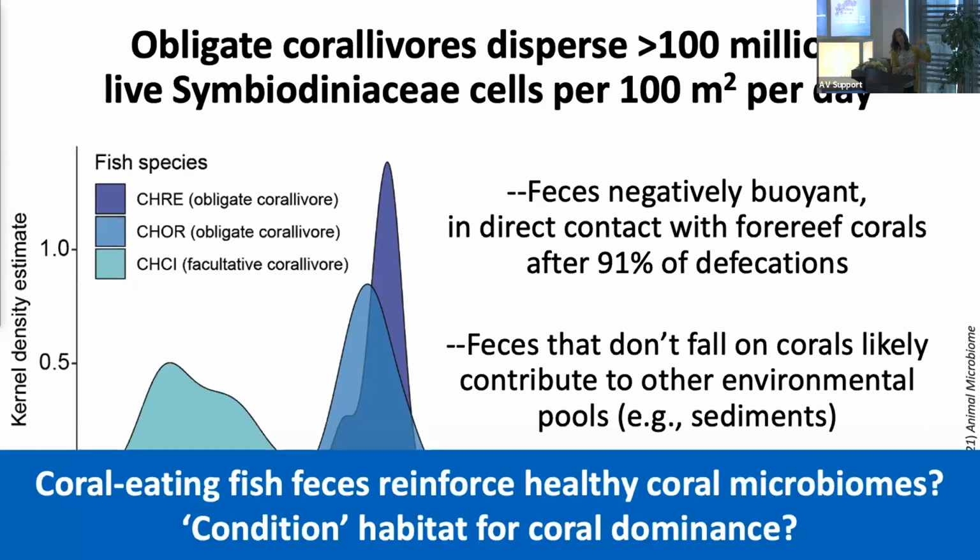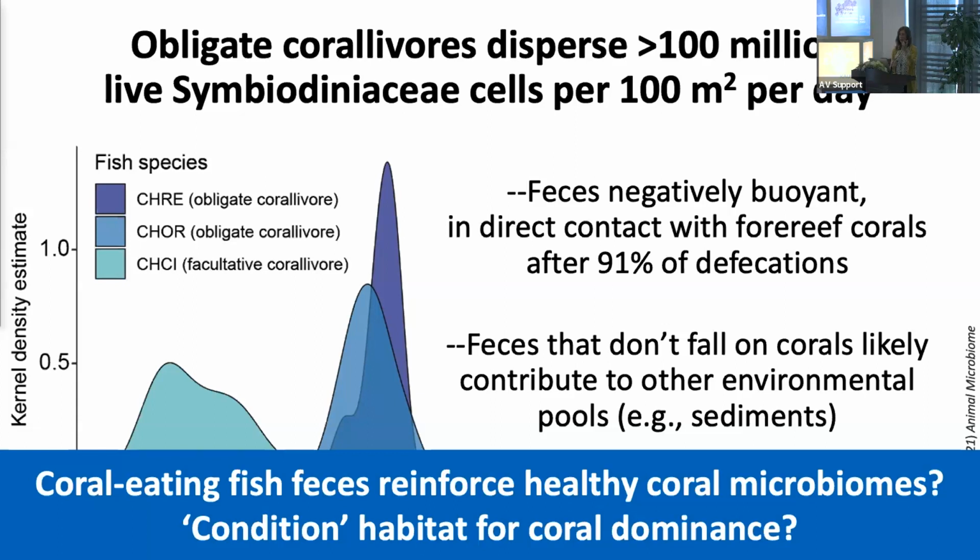So again, not tons of time to go into this, but we've been thinking essentially about how a coral-dominated habitat that has coral-eating fish in it, those coral-eating fish and that process that they do of eating corals and swimming around the reef and defecating might help reinforce or condition that habitat to have a lot of these beneficial coral microbes present.